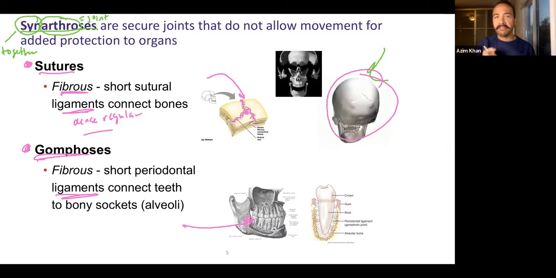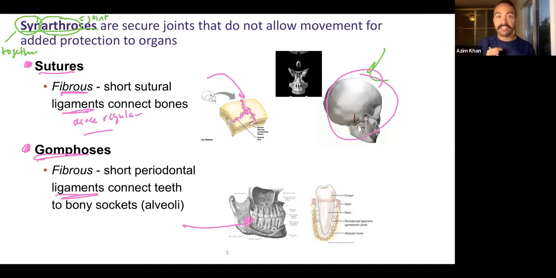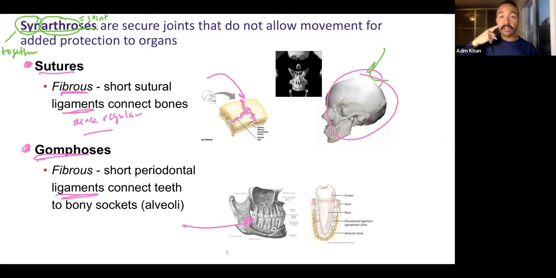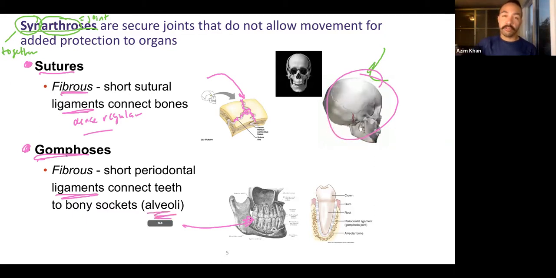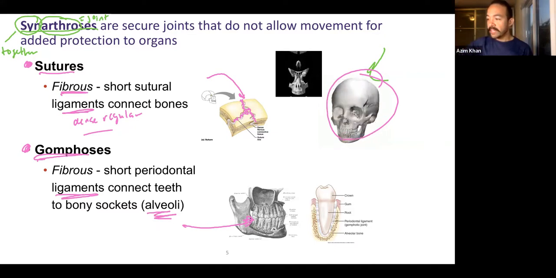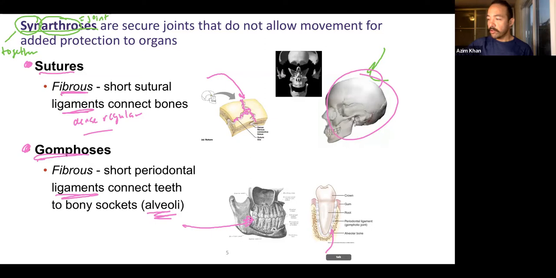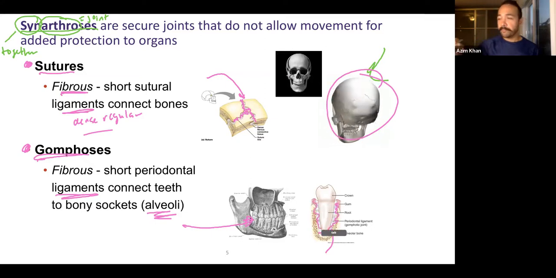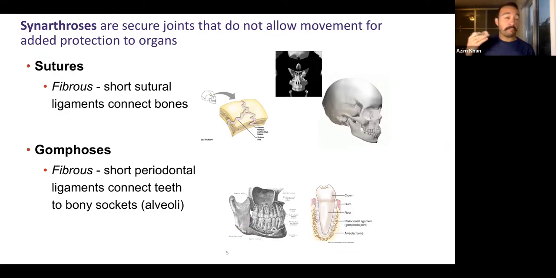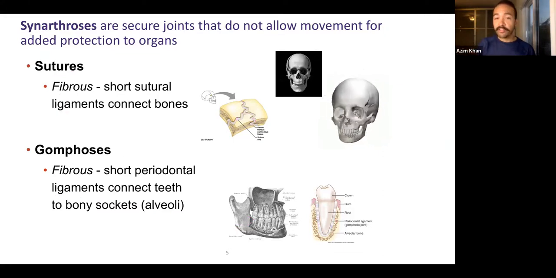If they are loose and you're an adult, that's an issue. And remember the term for the socket of our maxilla and mandible, that's called an alveolus, plural alveoli. Tiny, tiny little ligaments holding your tooth down. So those are two examples of synarthrosis.